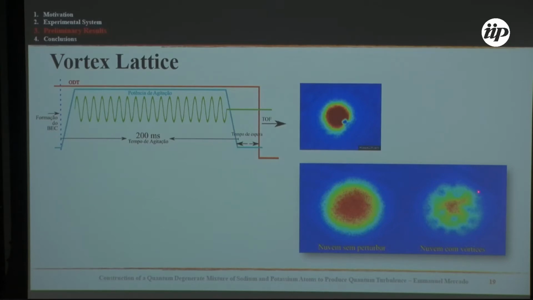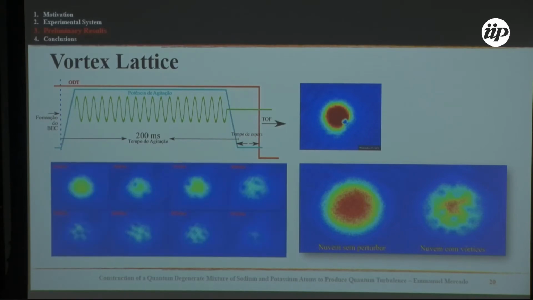So we can see our vortex lattice, the Abrikosov lattice, a triangular lattice here, and it's a result of inputting the excitation, like a stirring.